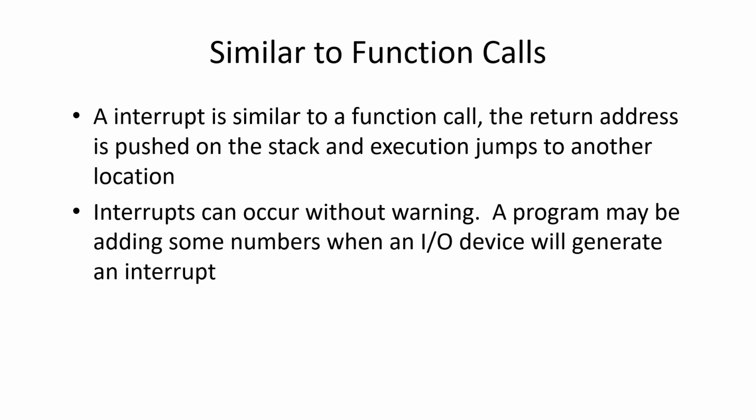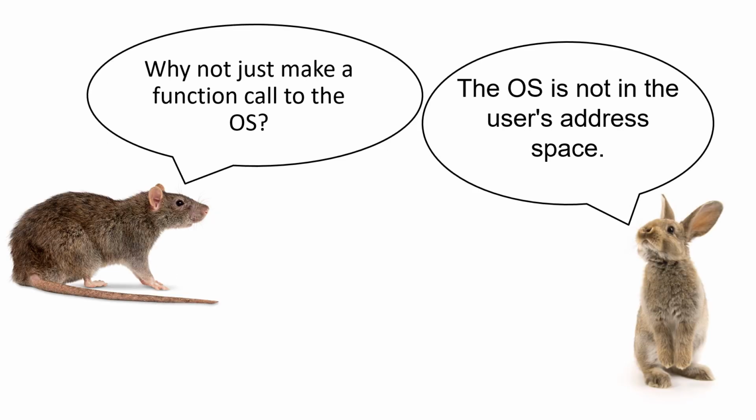Interrupts, of course, occur at any time without any warning. Whenever something external or maybe internal happens, the hardware will interrupt, stop the execution of your program, and start executing, usually in the operating system. Why not just make a function call to the operating system? The OS is not in the user's address space.